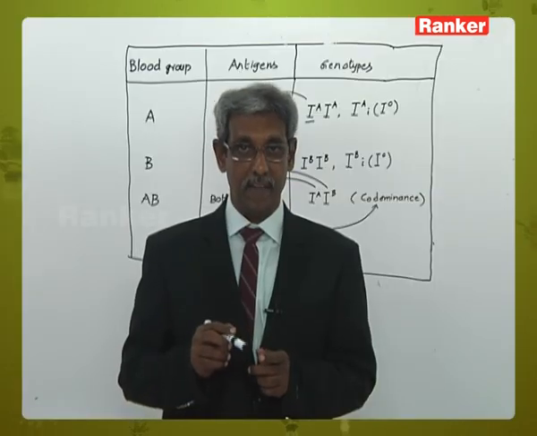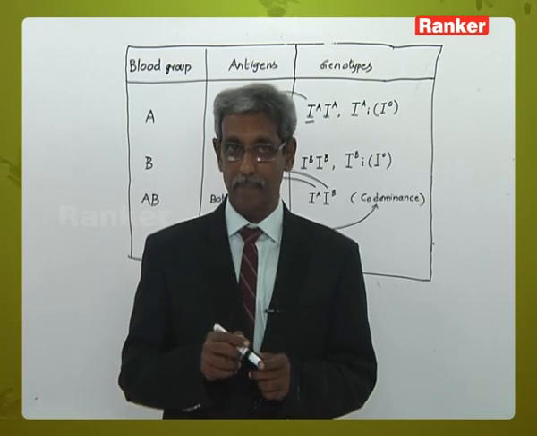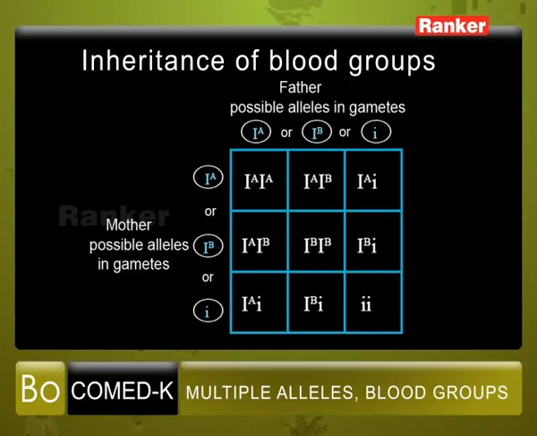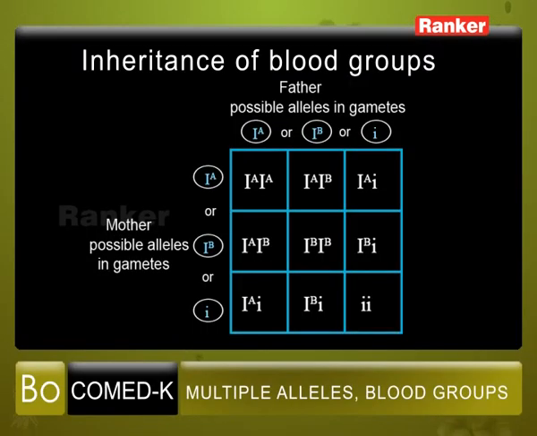We have a combination of IA or IB and small i from the paternal side, and again from the maternal side we have the same combinations. So we understand there are 9 possible types of combinations as you see in this chart.